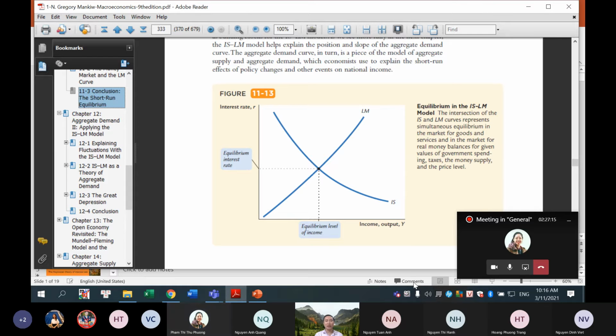And when you do so, will the interest rate go up or go down? Will go up. Yes, because we withdraw money from the financial system. So the financial system must raise the interest rate to prevent you from withdrawing money. So the LM curve will shift upwards to the left. So eventually, what happened to the interest rate and income?